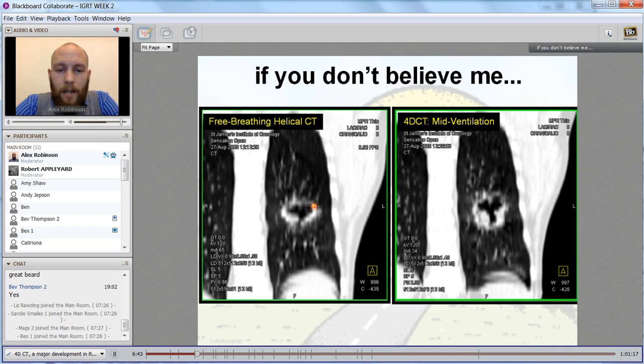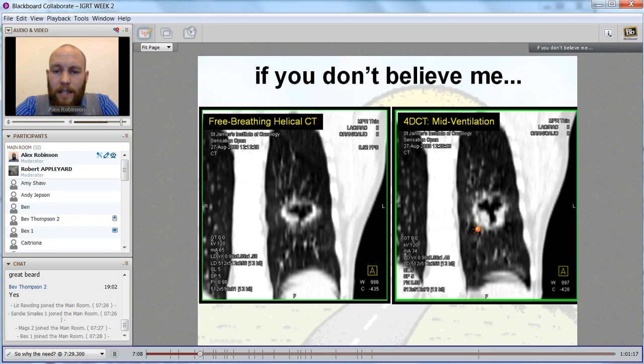When they're following our ICRU 50 guidelines, we know that we've got this generic setup error from radiographers due to our tolerances on, say, our lasers and our isocenter. We know we're going to get some axial variation as well, but we also know we're going to get this breathing motion.